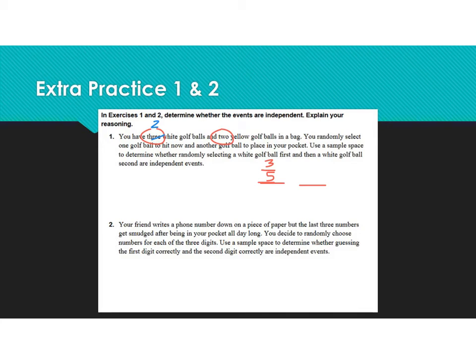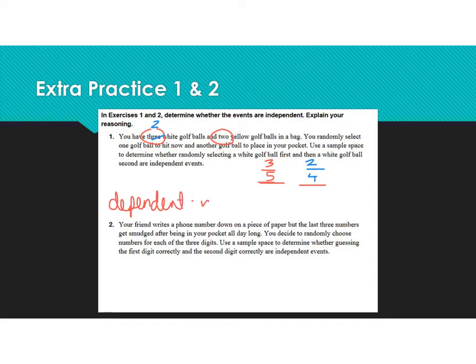And we want the second ball to be white also. Well, now there's only 2 white balls left, but there's a total of 4. So the fact that we drew a ball out to begin with, it doesn't matter whether it's white or yellow, affected this probability. This probability is no longer 3 out of 5 or even 2 out of 5. It changed because you did not have 5 balls still in that bag. So this is what we would call a dependent event.